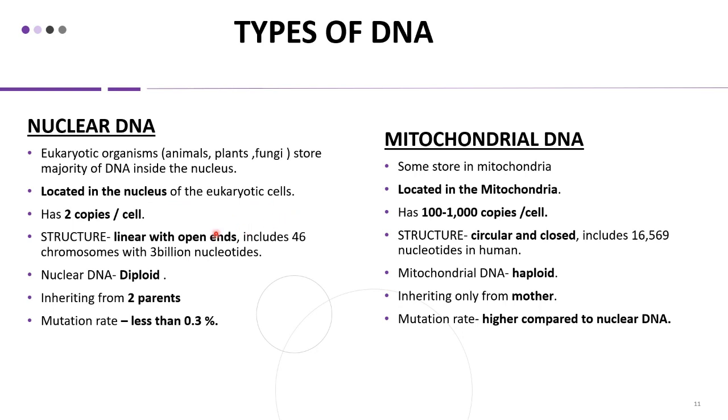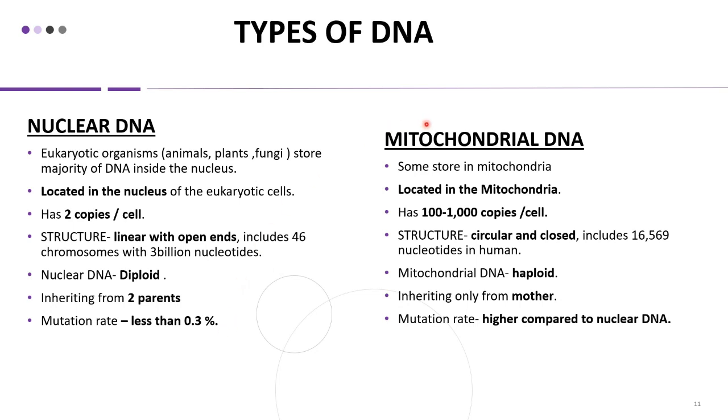The nuclear DNA has 2 copies per cell. The structure of the nuclear DNA is linear with open ends. It includes about 46 chromosomes with 3 billion nucleotides. The DNA is diploid. Nuclear DNA is inherited from 2 parents. The mutation rate of the nuclear DNA is less than 0.3%.